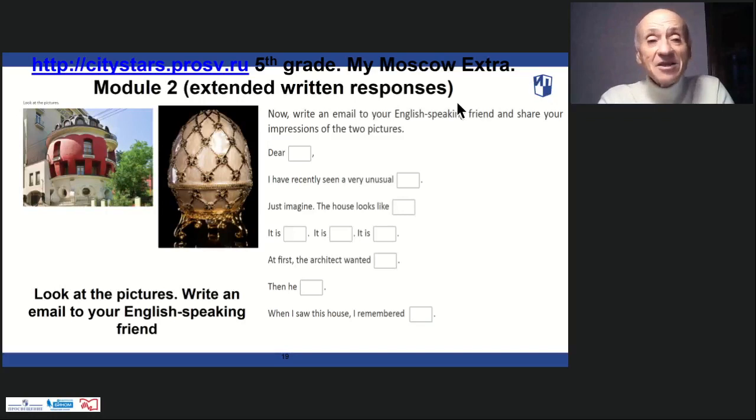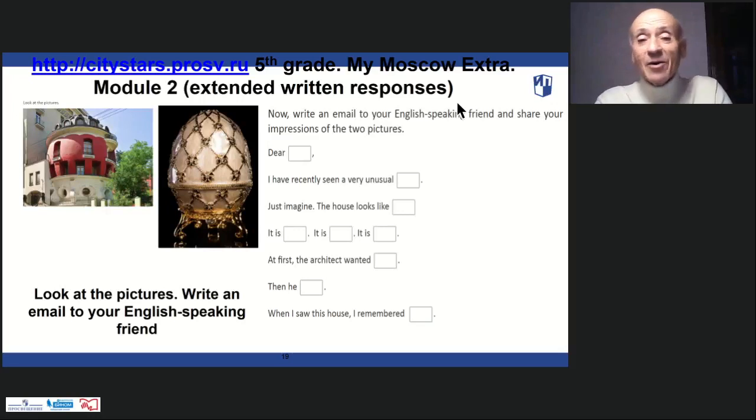And there is support material for your studies, no matter what school book you are taking, from the 2nd to the 11th school grades. And there's plenty of material.